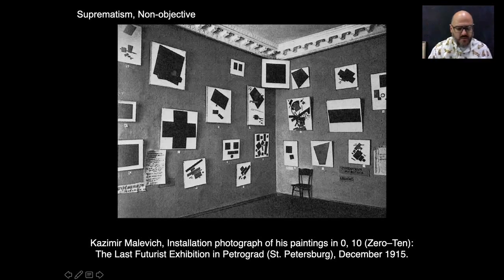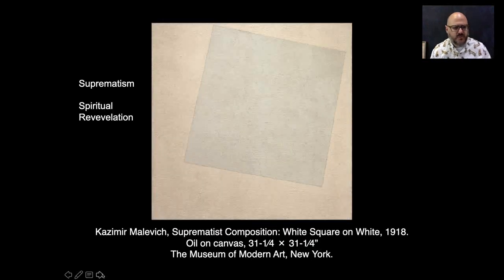And he saw these works as spiritual revelations, similar to Kandinsky. And I think it's interesting that two of the most important abstract artists in history both come from Russia. Kazimir Malevich and Vasily Kandinsky both come from Russia, and there's this sense of revolution, earlier folk traditions, new art, and a new revolution in terms of the Russian Revolution as well.